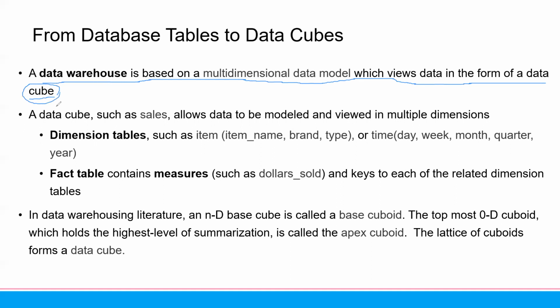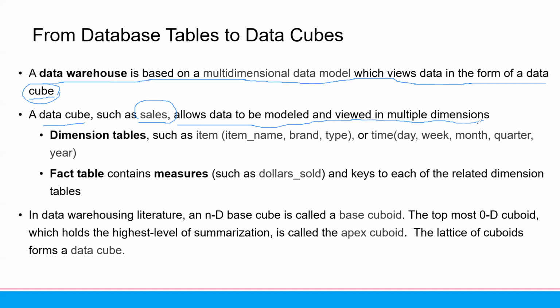What is a data cube? Let's say, for example, sales. It allows the data to be modeled and viewed in multiple dimensions. In the previous lectures, we learned about drilling: roll up, roll down, or drill down, drill up.